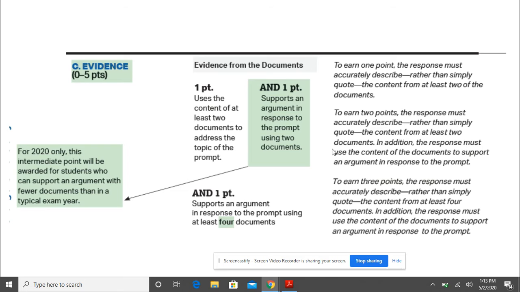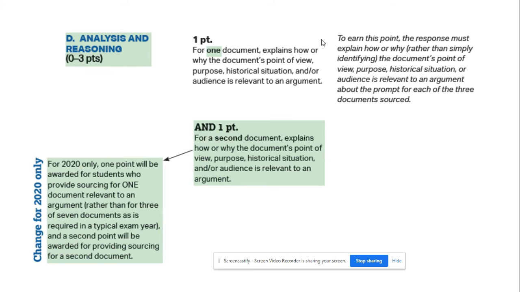Okay? Now, in terms of establishing context, audience, point of view for our documents, that's slightly different too. You can get 1 point for doing this for 1 document, establishing its purpose, its contextualization, its audience.